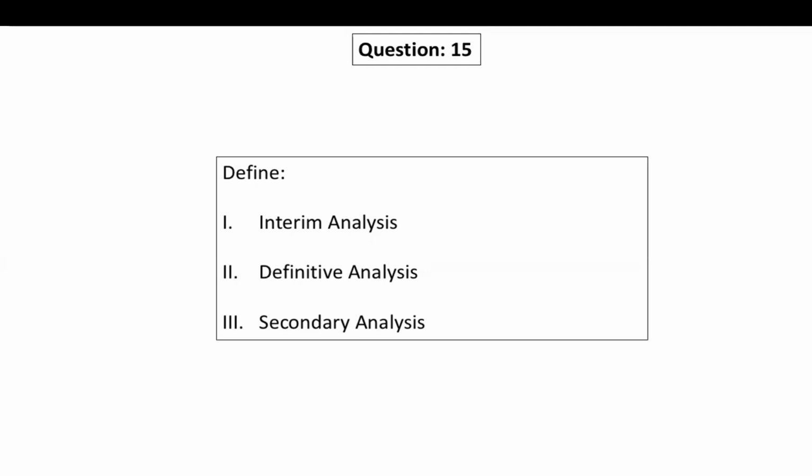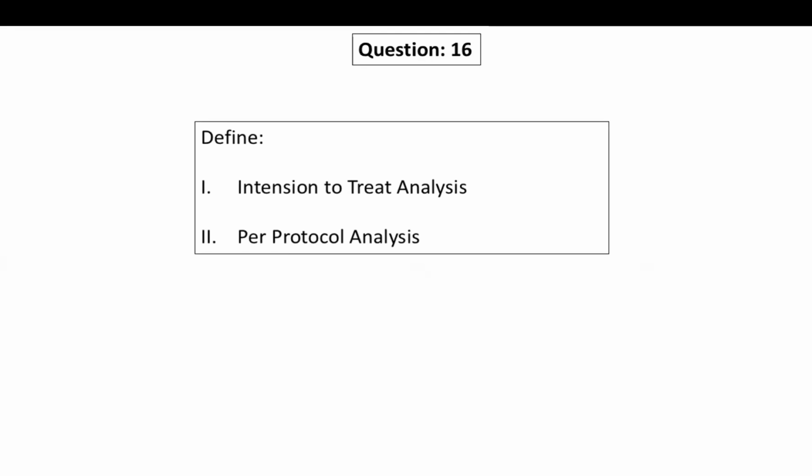But in addition to the primary analysis, if we are going ahead with some additional insights or additional testing which is not intended in the primary study, this is called secondary analysis, like quality of life or any relations with the biomarker. Okay. So, what is intention to treat analysis?